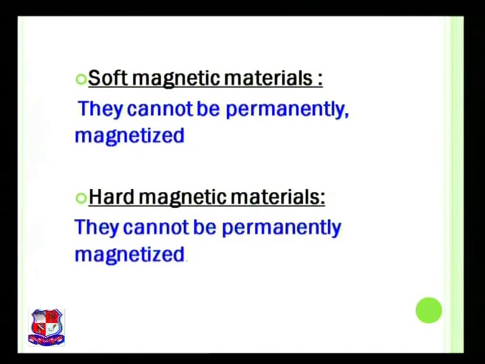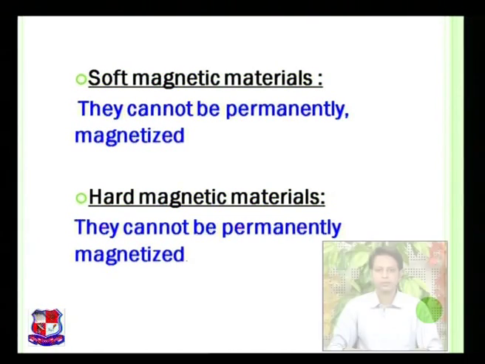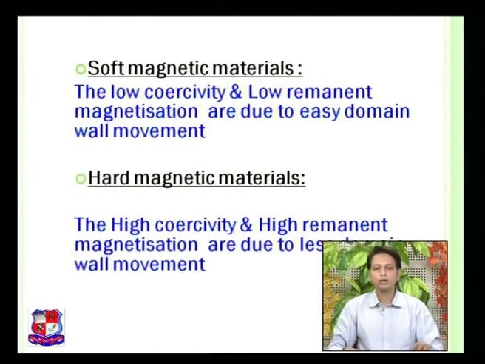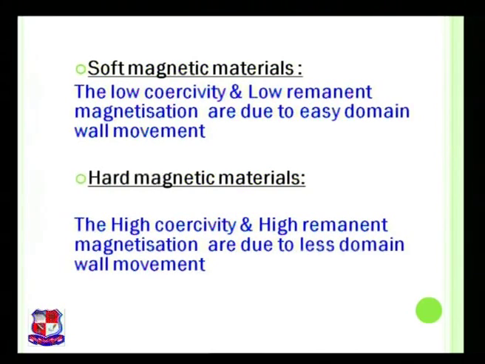Soft magnetic materials cannot be permanently magnetized, whereas hard magnetic materials, due to less domain wall movement, can be permanently magnetized. So if we want to make use of a permanent magnet, then hard magnetic materials are the materials through which you can make it possible.